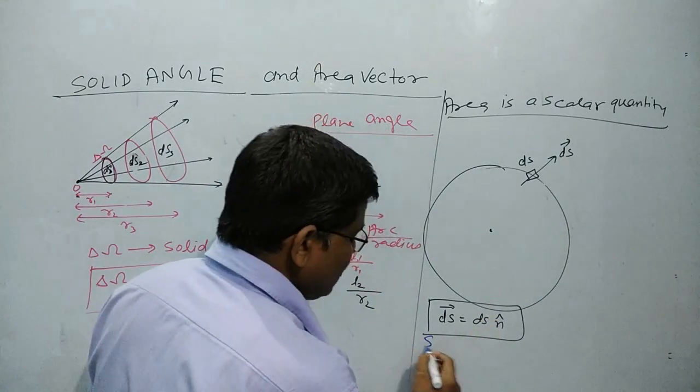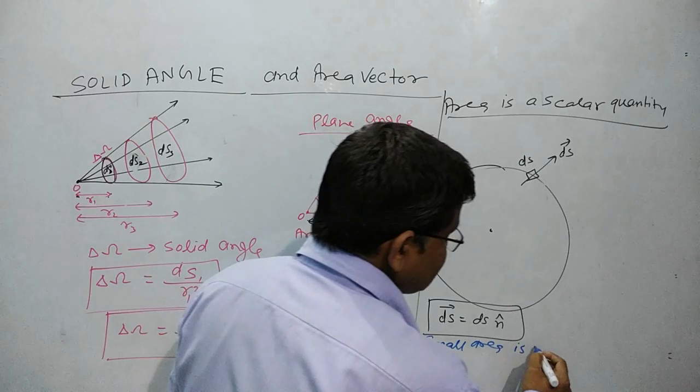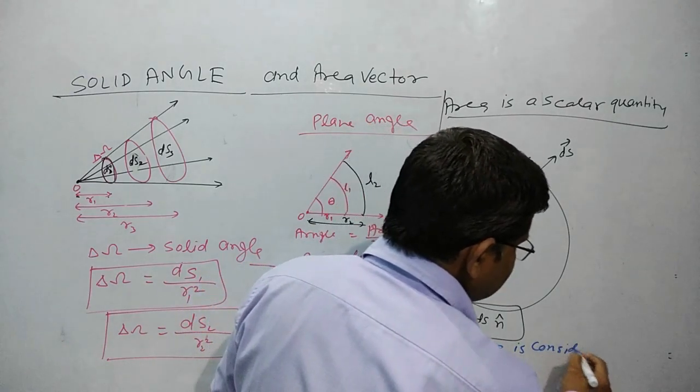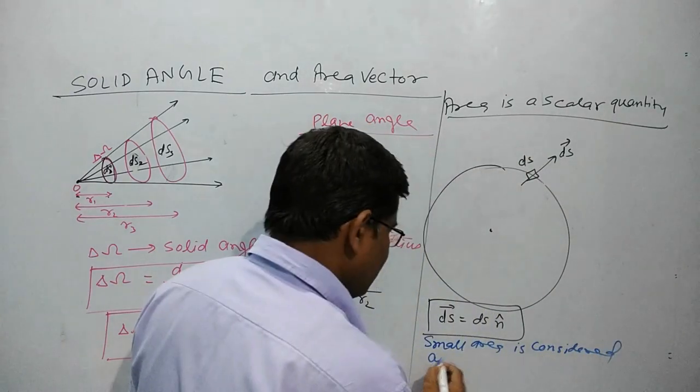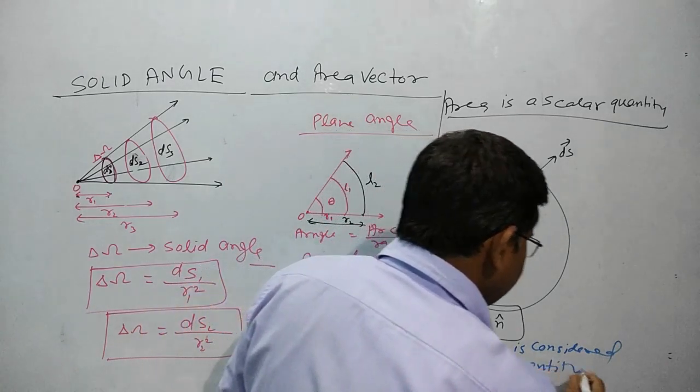A very small area is considered a vector quantity.